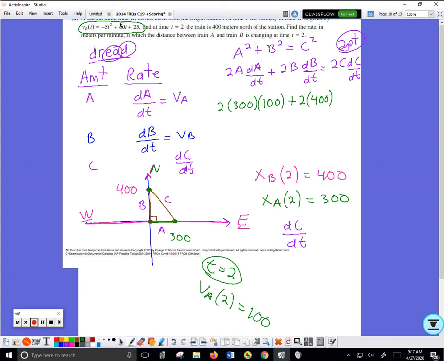I need some more space here. So let's copy this over, and erase all of this.